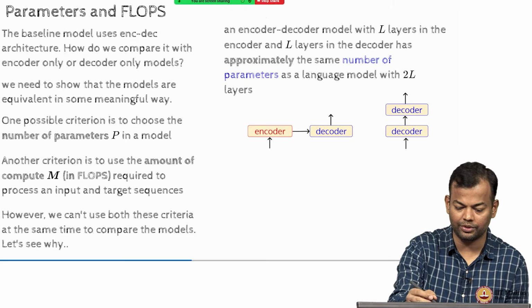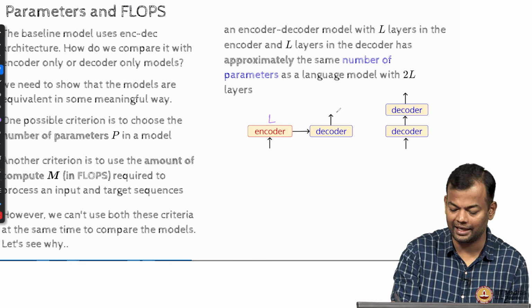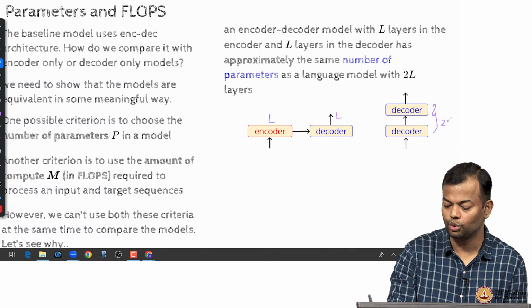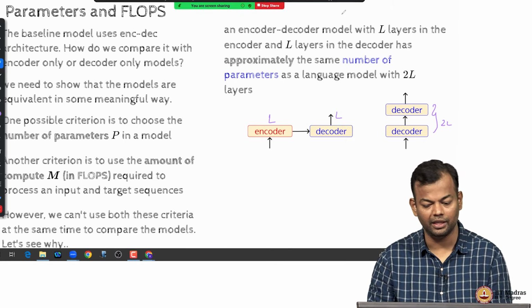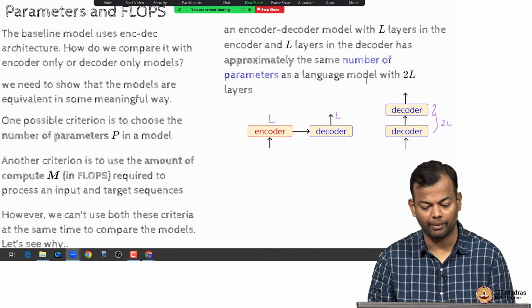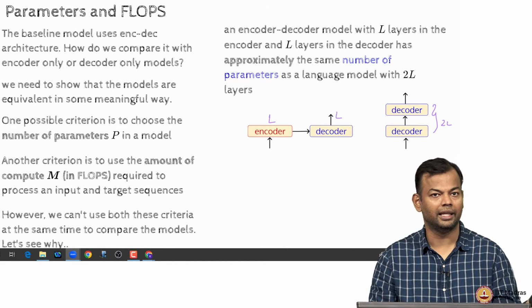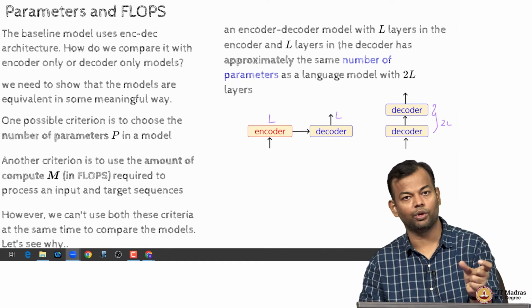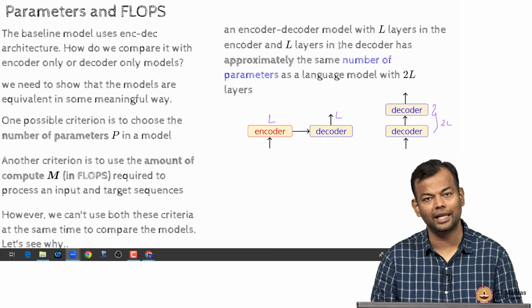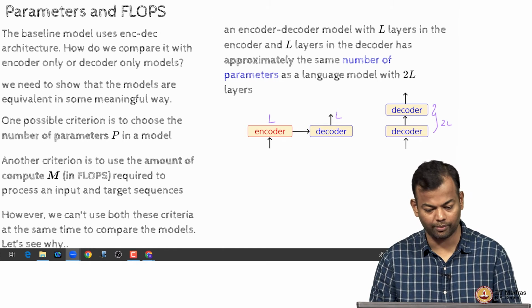That makes sense, because you have L plus L layers here, and 2L layers there, so the number of parameters would be roughly equal, right? So if you want to compare them on equal footing, then an L layer encoder and L layer decoder model should be compared to a 2L layer decoder or a 2L layer encoder model, right?